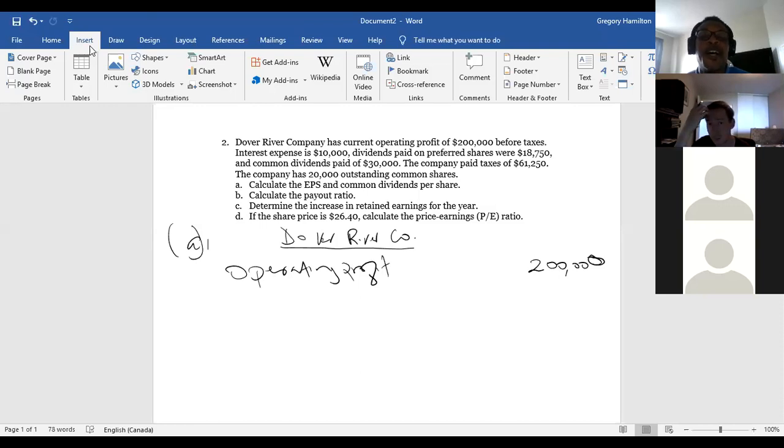No. Okay, it's earnings before interest and taxes. If you go back and look at the income statement that we had in the slide, you will see that operating profit is also called earnings before interest and taxes.